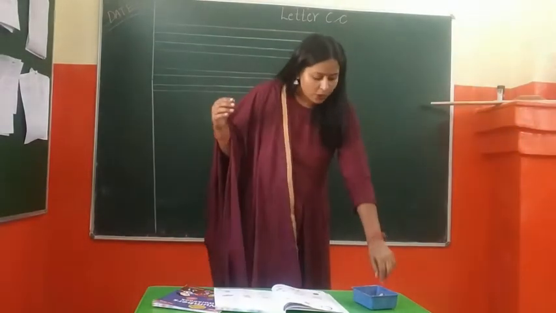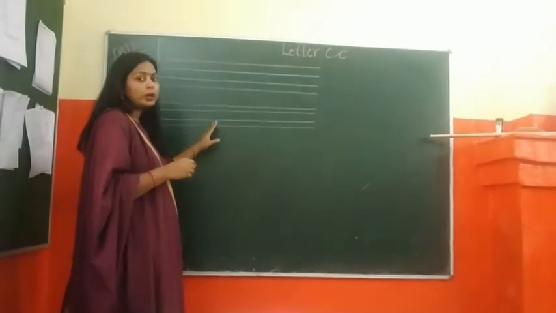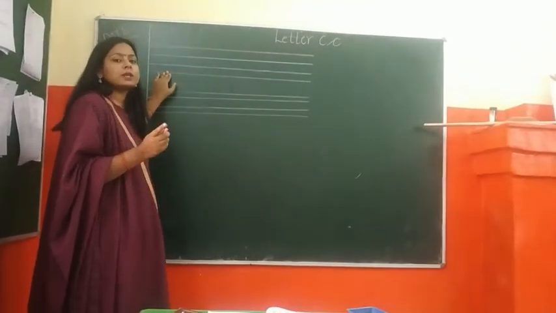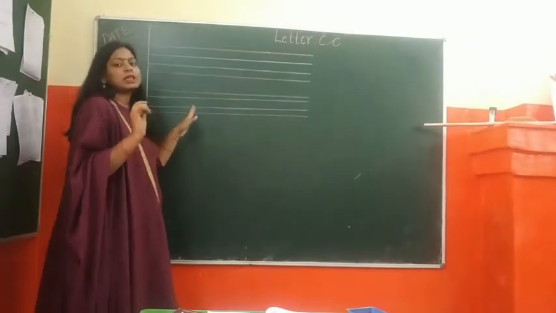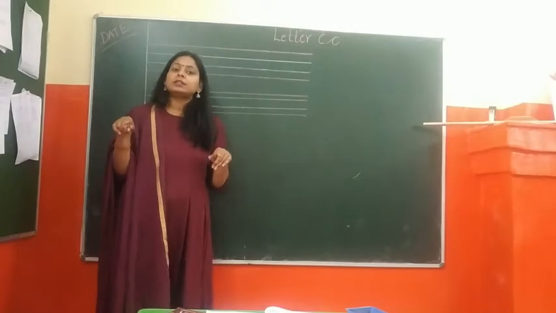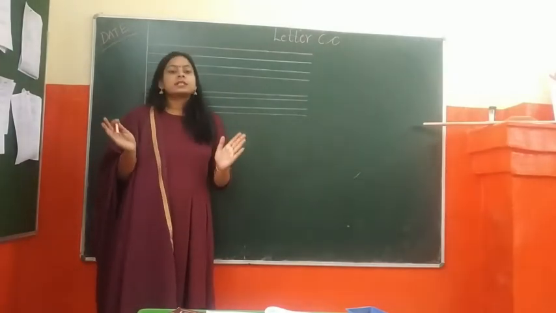Okay kids? So all of you look here. Look at the board. Today we are going to learn how to make small c first. Small c is very easy. Like we make big C, means capital C, same as that we make small c also.